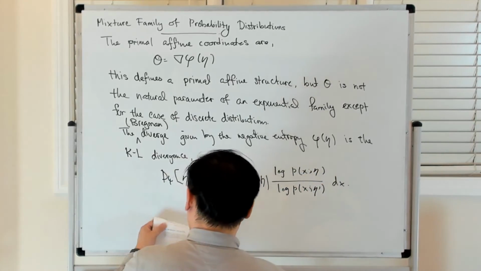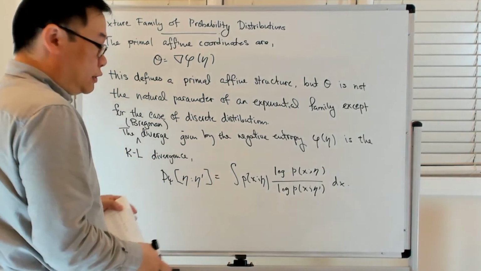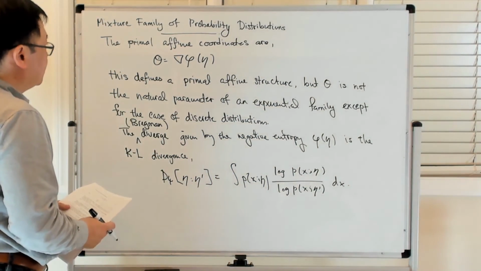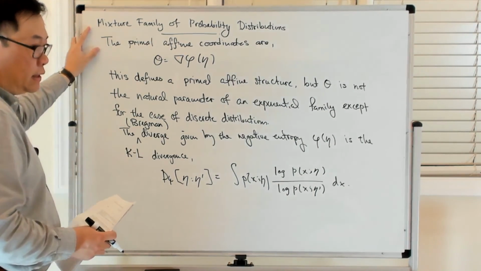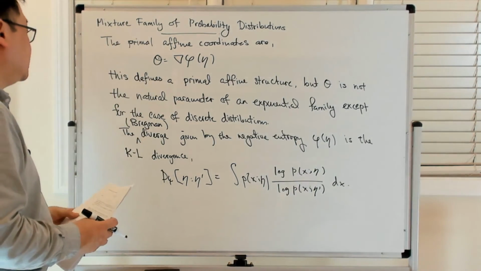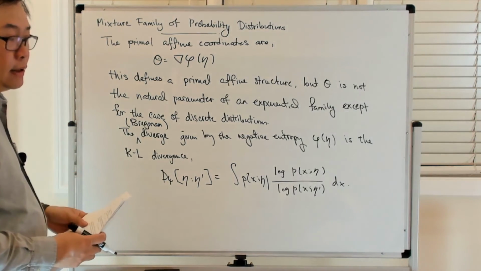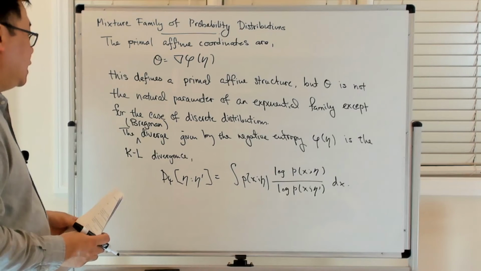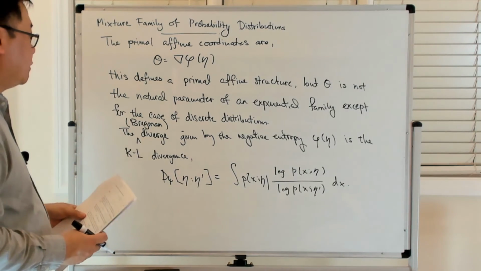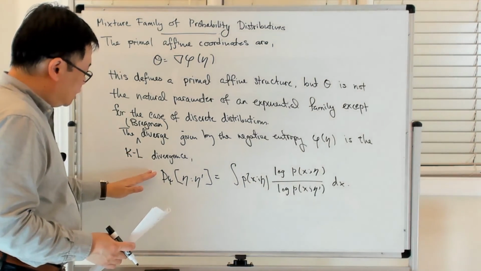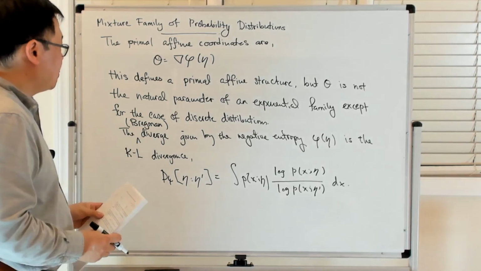Okay, all right. So this is how everything fits together, right? So if you start with the mixture family, you can introduce this dual affine coordinate system, and again you can look at the associated negative entropy as a dual convex function that induces a divergence function via this Bregman divergence construction.